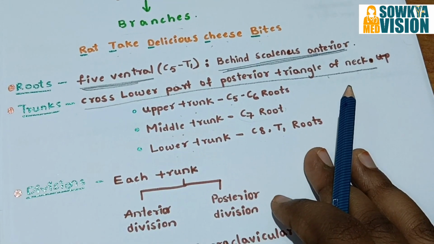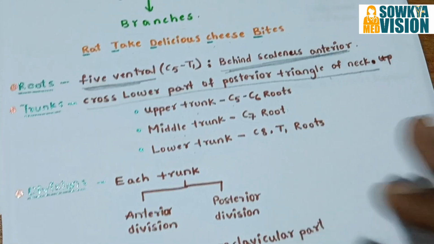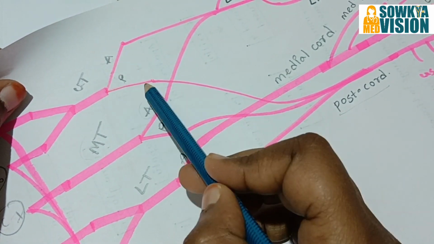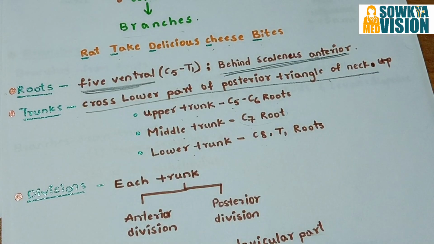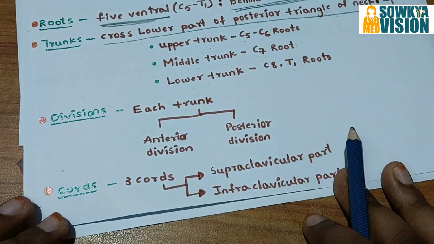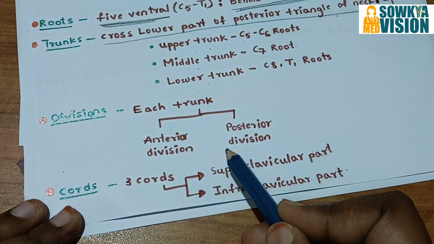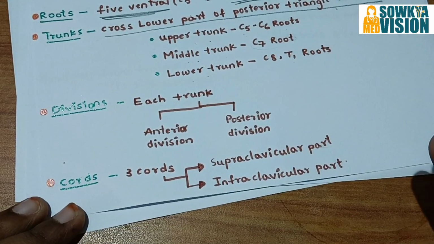Now, these trunks are divided into anterior and posterior division. See, this is the upper, middle and lower. Anterior, posterior, anterior, posterior, anterior, posterior. Now let's see the cords. There are 3 cords formed by various combinations of anterior division and the posterior division. See, three cords, right?